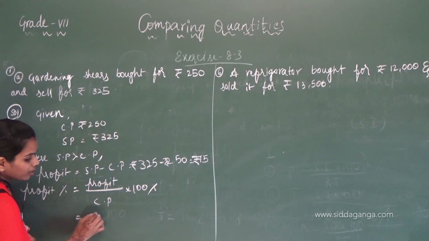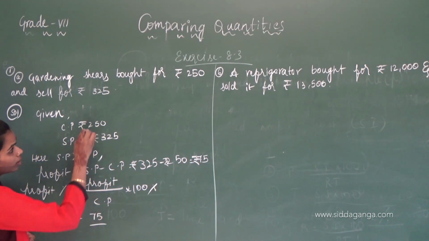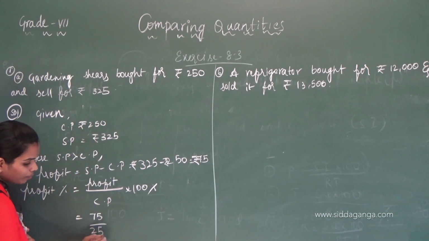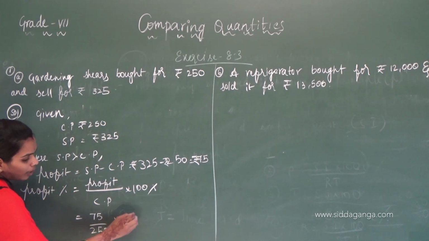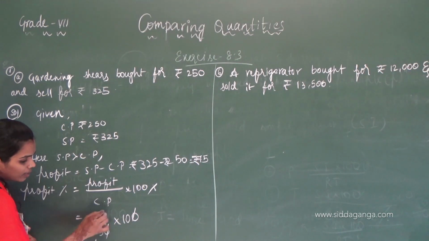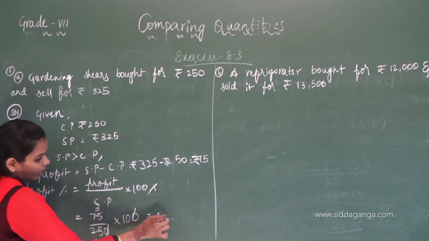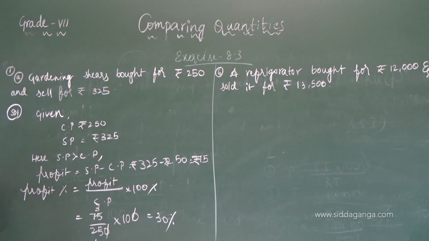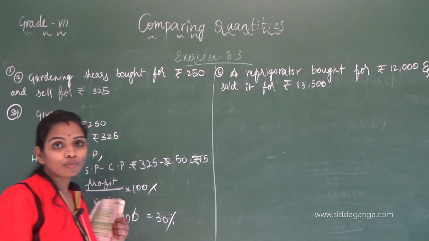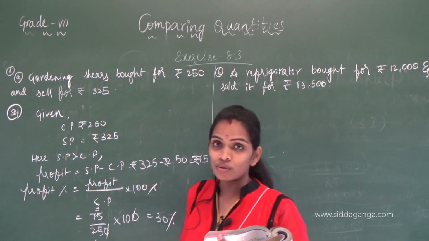What is the profit? 75. CP is 250, into 100. Therefore, they got 30% profit when they bought and sold the gardening shares.